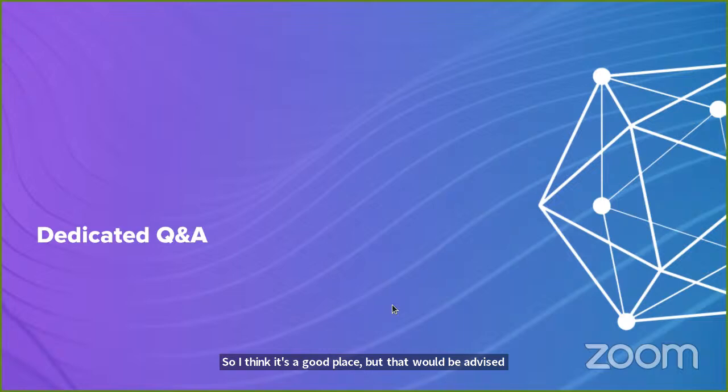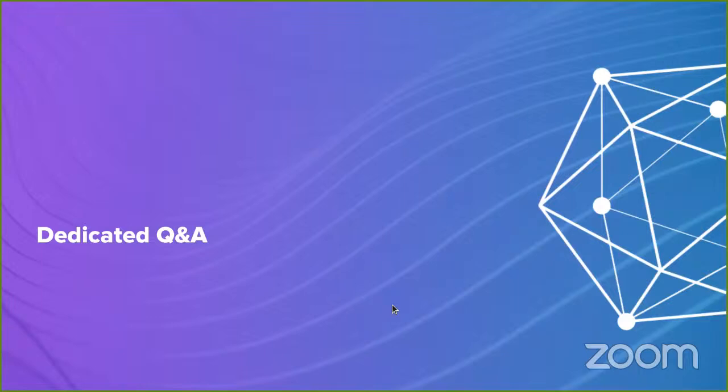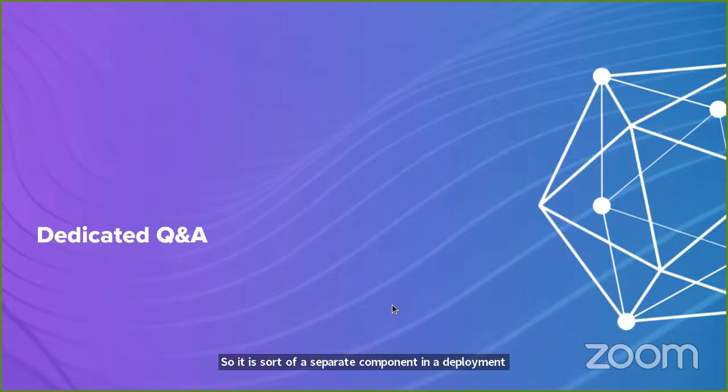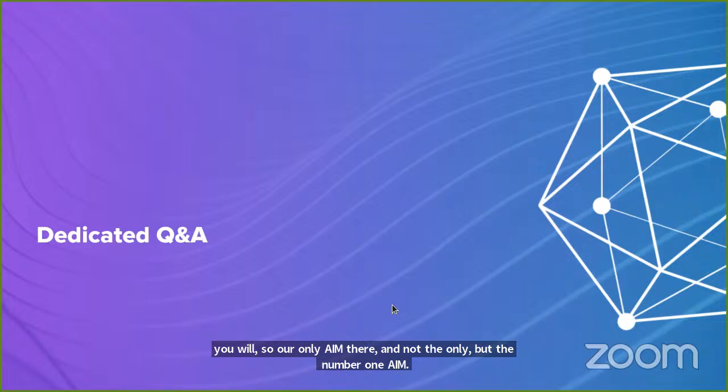Reagan A has a question. Is it possible to scale a deployed network using Cacti, like adding nodes at a later point in time? So Cacti will not speed up any existing ledgers. It is sort of a separate component in a deployment diagram that way, if you will. Our number one aim there is for us to not be the bottleneck.